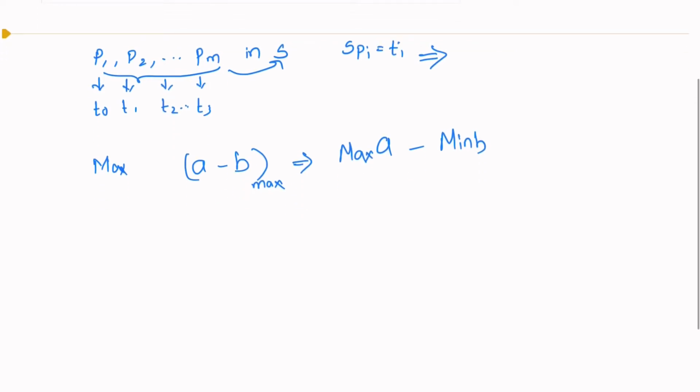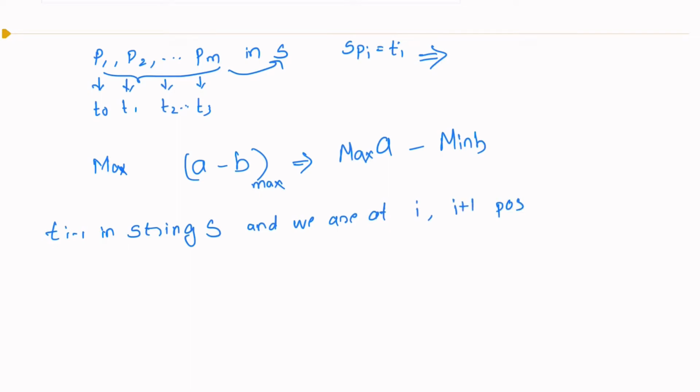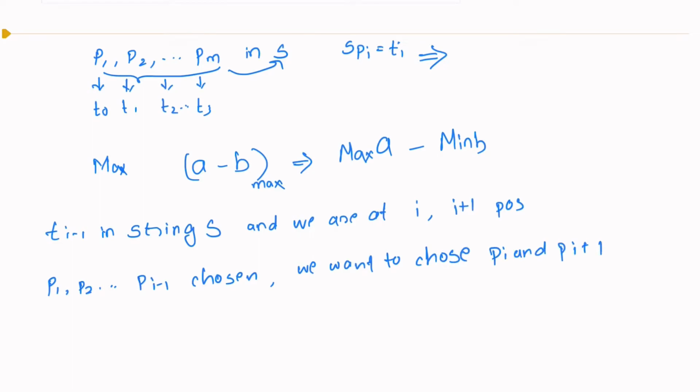Let's say we have found the characters in t till t of i minus 1 in string s, and we are at the moment to choose the i and i plus 1 positions, that is we have p1, p2 up to p of i minus 1 already chosen, and we want to choose p of i and p of i plus 1 corresponding to the characters t of i and t of i plus 1, and we want to maximize the difference between these two positions.